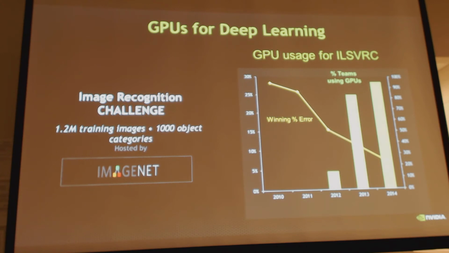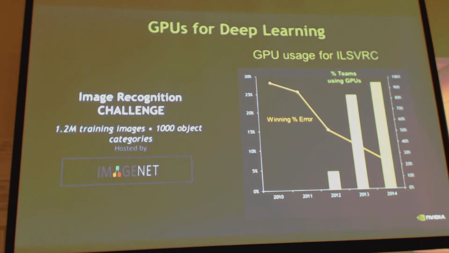This is the spread of teams that have been using GPUs for their training of convolutional neural networks in the recent past. 2012, as you see, was where Alex Krizhevsky first came out with convolutional neural nets for this image recognition challenge, and he produced a very significant drop in the error rate, almost a 10% drop.